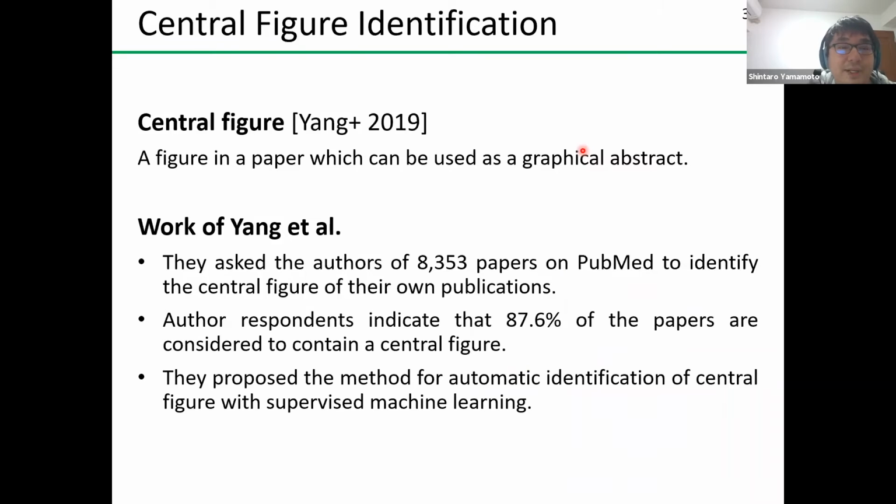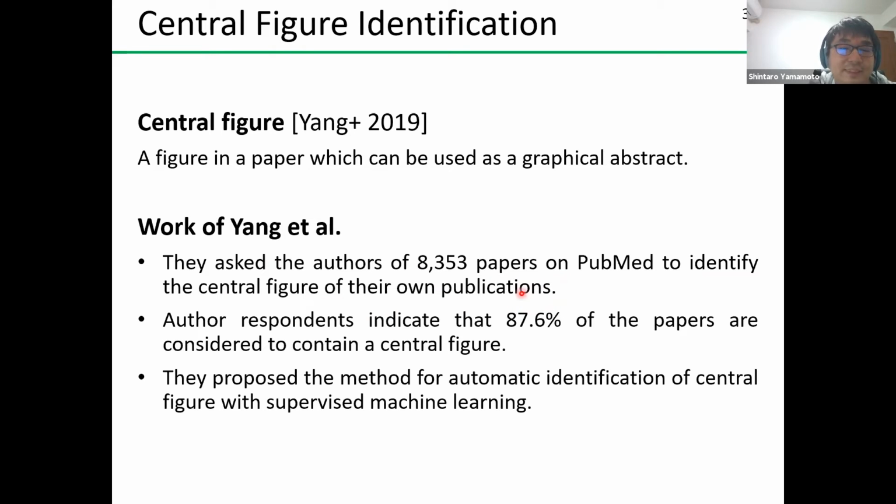I will explain the related work. Yang et al. studied the problem of central figure identification. A central figure is a figure in a paper which can be used as a graphical abstract. Yang et al. asked the authors of papers on PubMed to identify the central figure of their own publications.